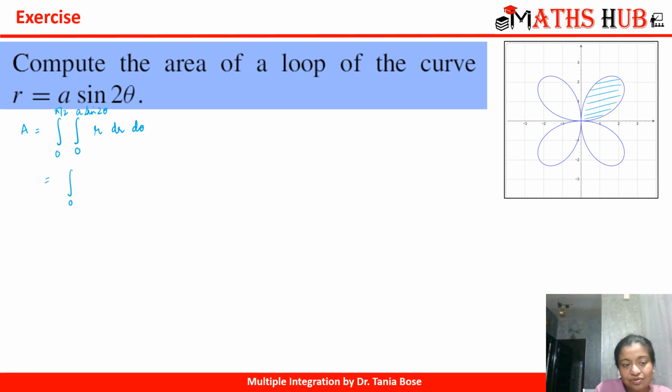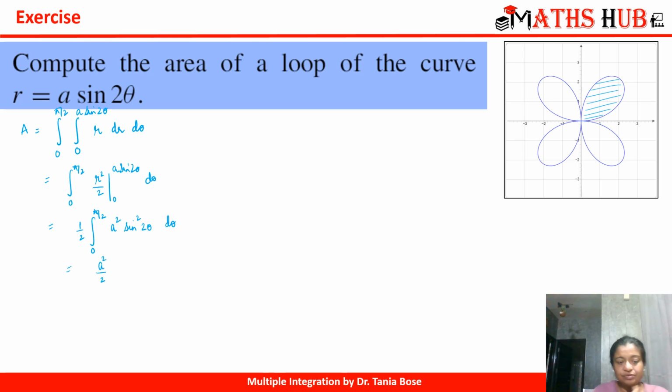So this is 0 to pi by 2, r square by 2, 0 to a sine 2 theta d theta. 1 by 2 can be taken out common. 0 to pi by 2. We will have a square sine square 2 theta minus 0. So that will become 0 only.